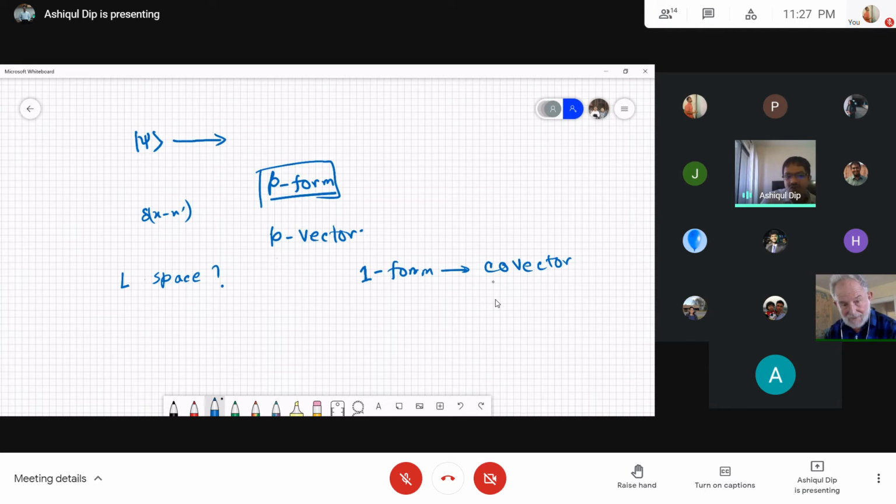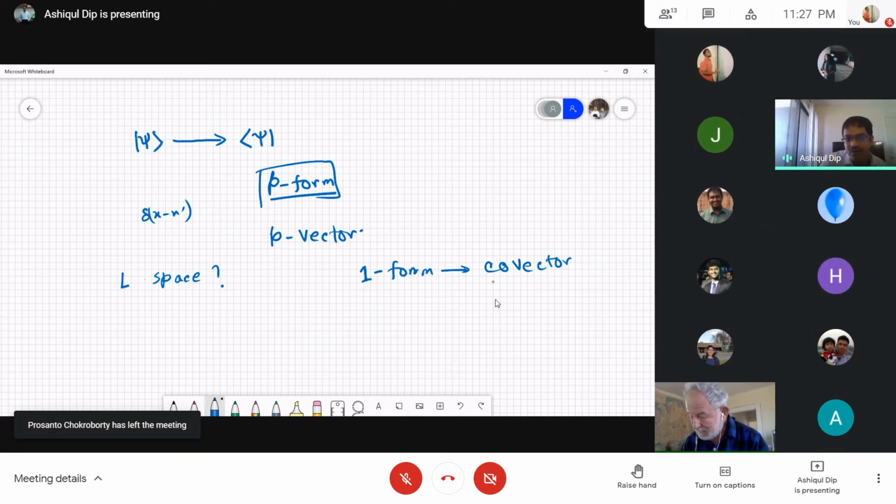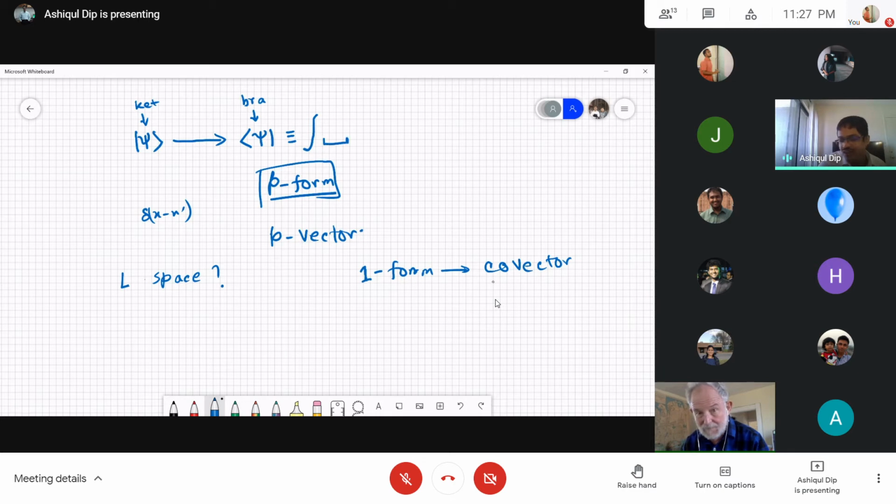The corresponding one form, or what we call the bra, is defined to be the integration of a slot, then the vector function, dx. It can take a function over here and perform it.